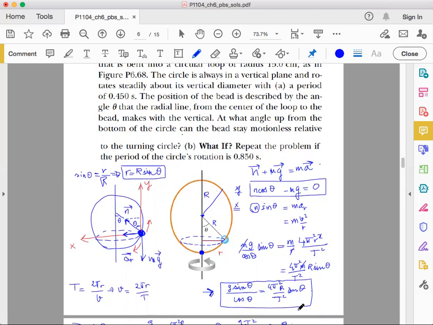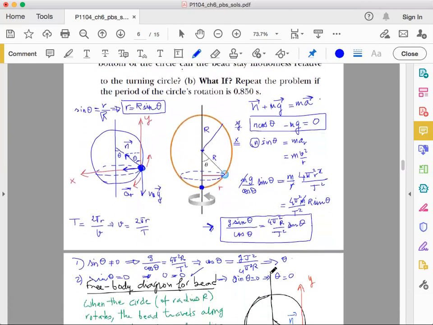So in this case, if T is equal to 0.85 seconds, we will have theta equals 0 as a solution, just like before. And if sine theta is equal to 0, you will end up with this value. Now what you have to do is to replace T here by 0.85 instead of 0.45.